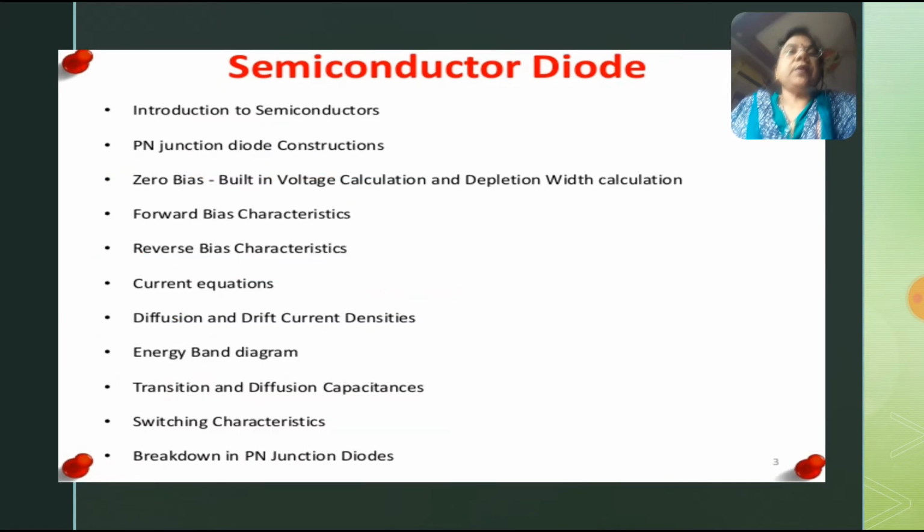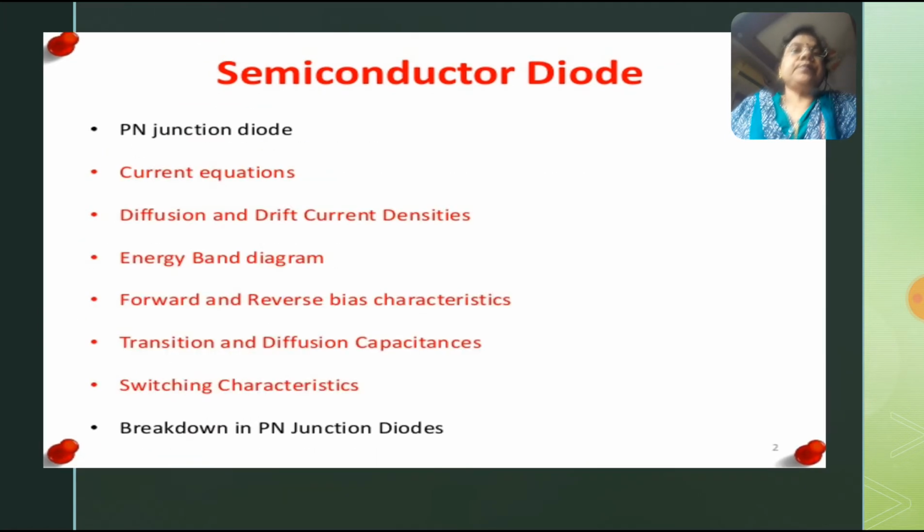So in this topic we are going to cover PN junction diode, current equations, diffusion and drift current densities, energy band diagram, forward and reverse bias characteristics, transition and diffusion capacitance, switching characteristics, breakdown in PN junction diodes.